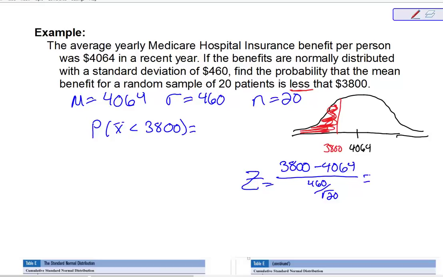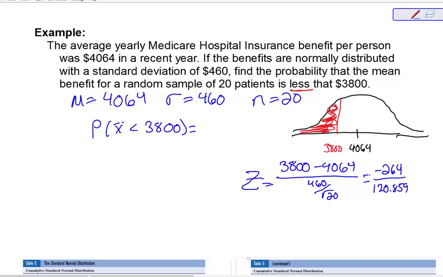When I do the subtraction on the numerator, I get a negative 264. On the denominator, if I take 460 divided by the square root of n, I get 102.859.